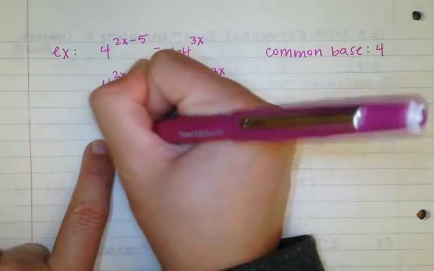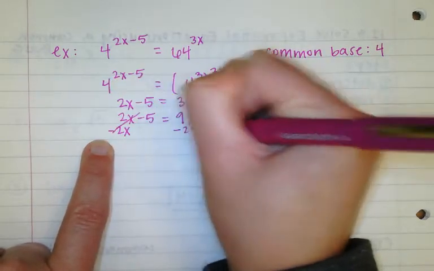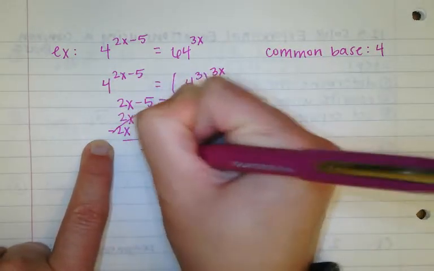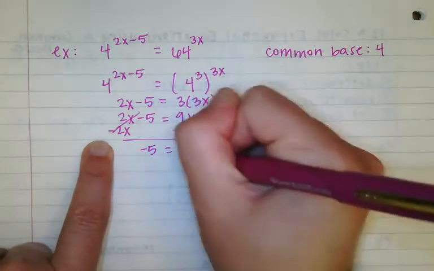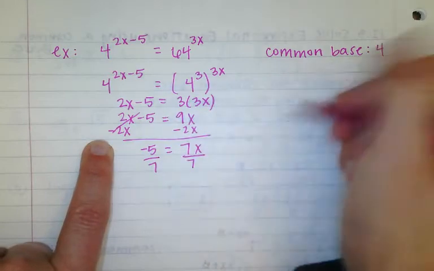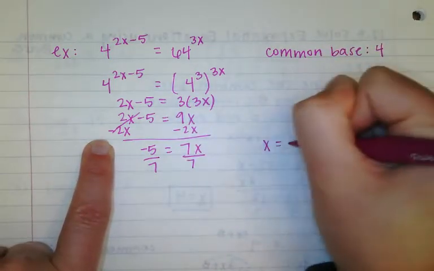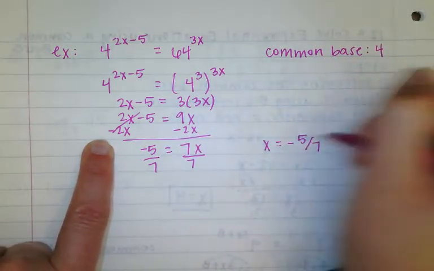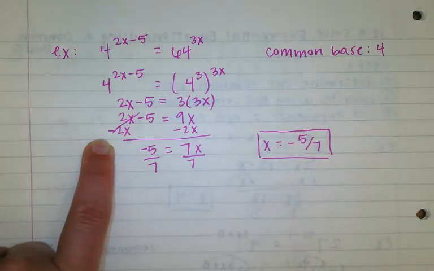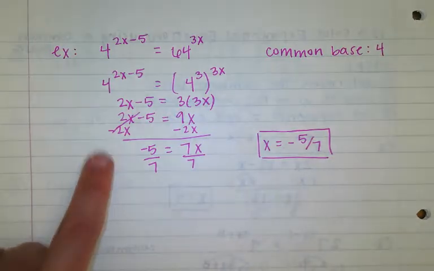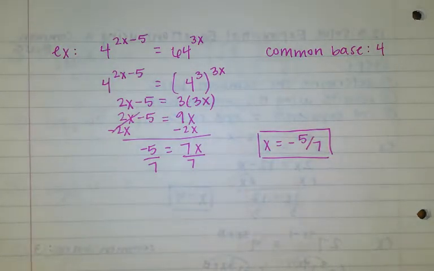I'm going to subtract 2x. Negative 5 equals 7x. And then I'll divide by 7 to get x equals negative 5/7. Again, that fraction is fine. Leave it as a fraction, no need for a decimal.